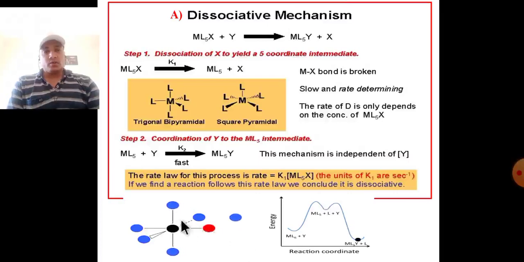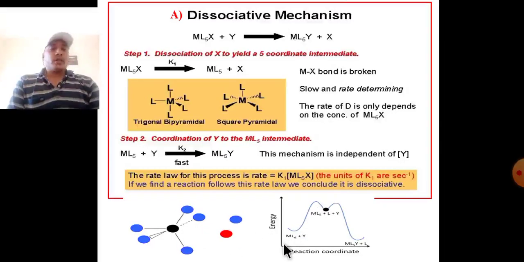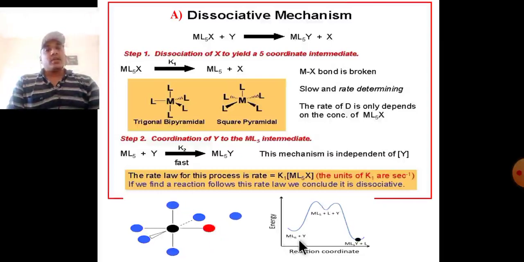In the pictorial representation, in the energy profile diagram, the blue shaded octahedral complex has a red ball incoming to replace the blue one. The incoming ligand is red and the blue is the leaving ligand. The energy profile diagram shows the reactant converted into an activated complex, then into a short-lived intermediate, and then into product.